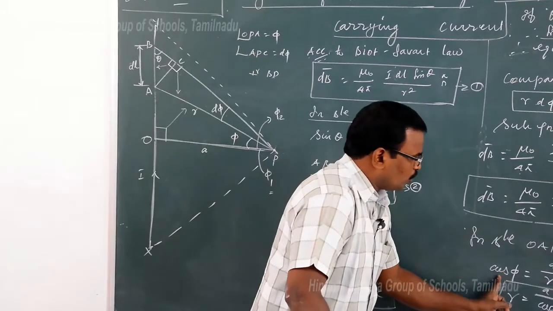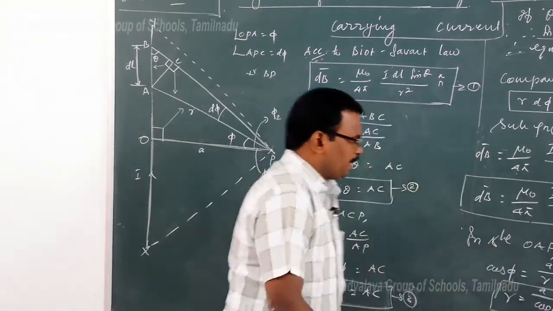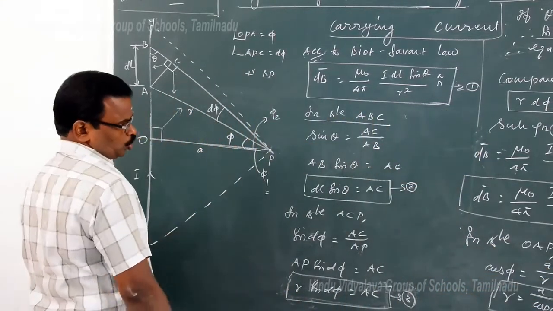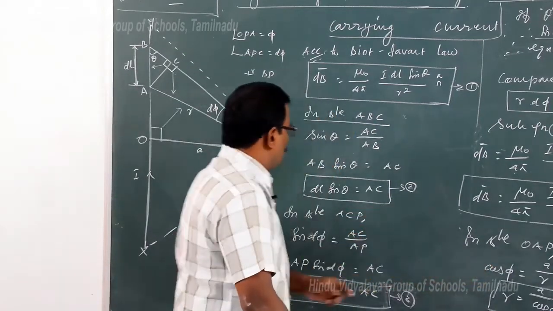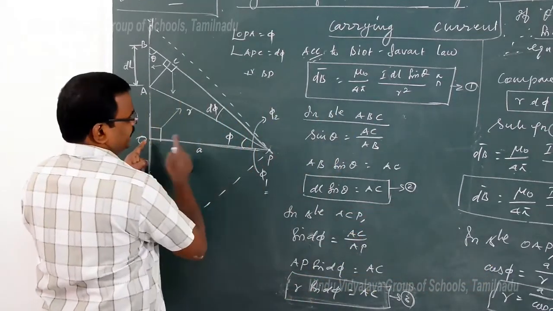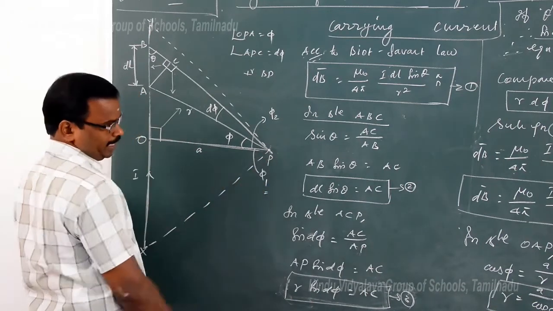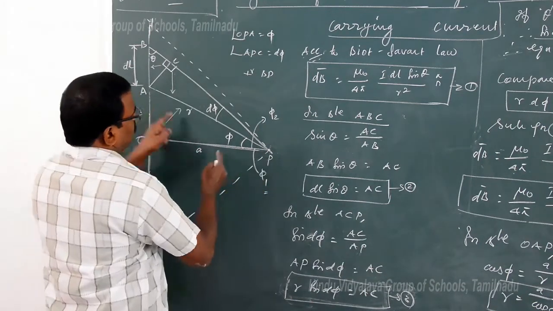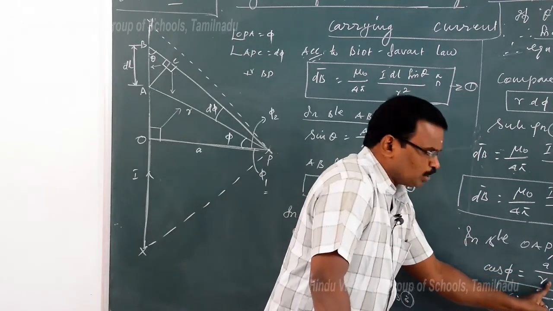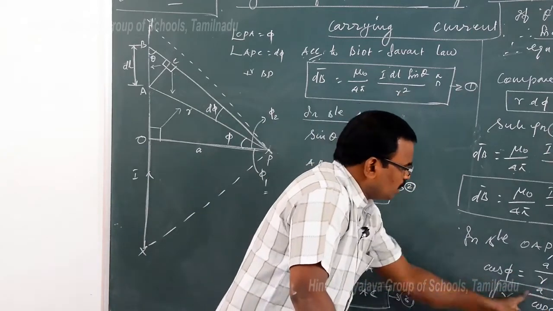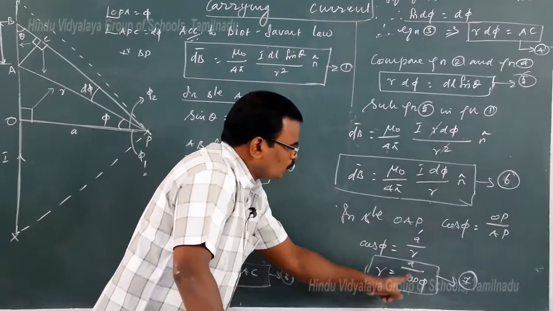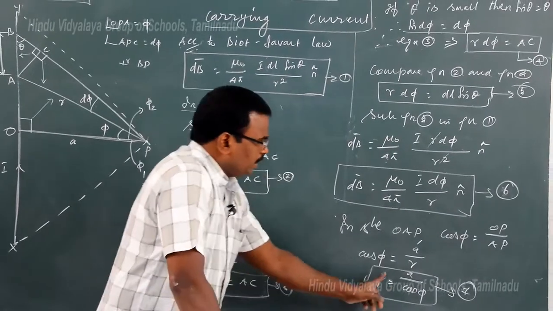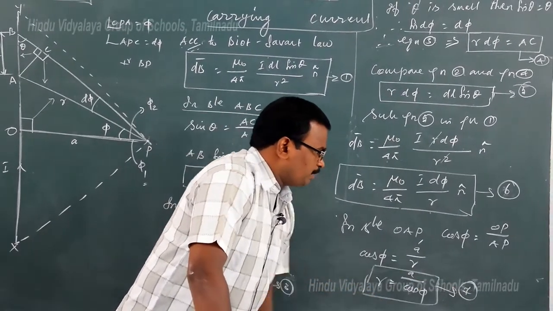OP is equal to a, the distance from the center to the point P, and AP is equal to r. So r is equal to a divided by cos phi, equation number 7.